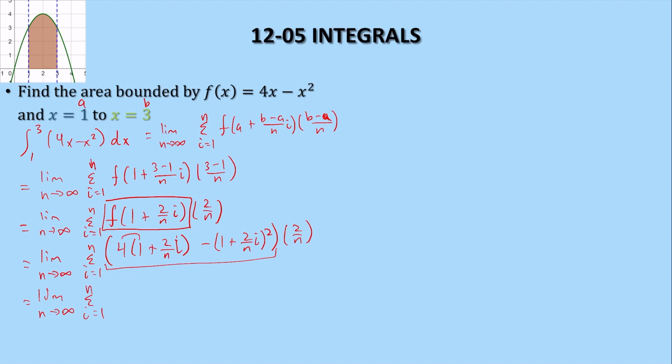We could distribute the first part, so that'd be 4 plus 8 over n i, and our binomial theorem for the second part will be 1 squared plus 2 times 1 times 2 over n i plus the 2 over n i squared. I seem to be writing uphill. Sorry about that.